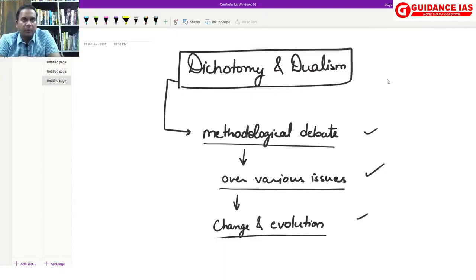Full stop. Overall, such a debate in a discipline is a healthy sign of its development. So can you understand now? This is the first thing we have written, a general thing about dichotomy and dualism. Now change the paragraph.